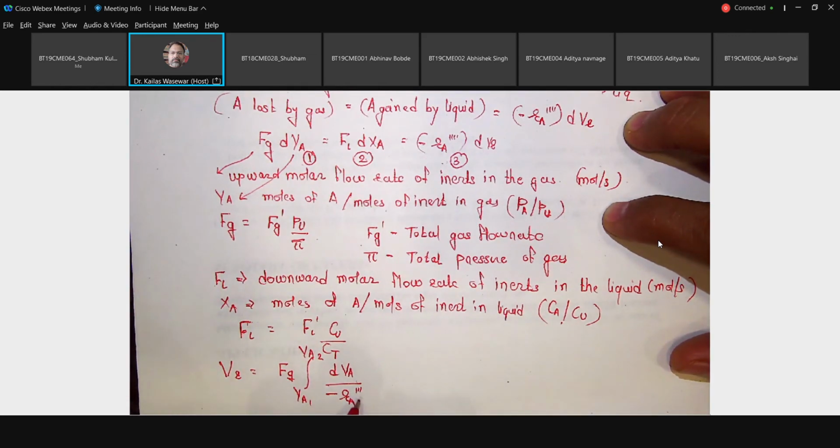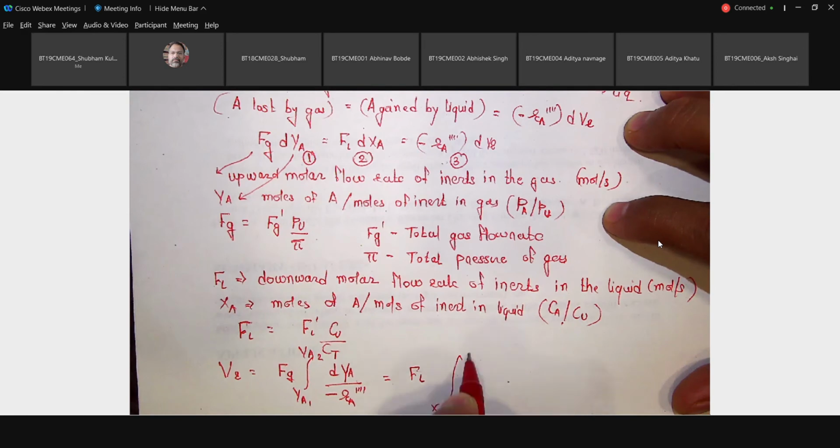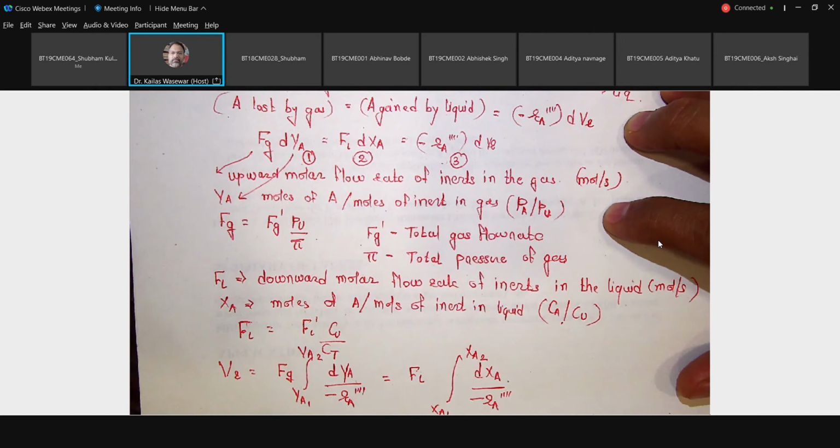This will be, for Ya, or equal to FL, Xa1 to Xa2, dxa upon minus Ra. Is it?